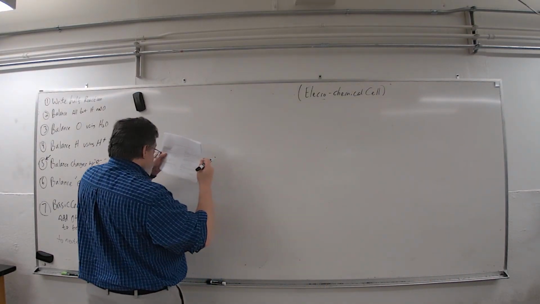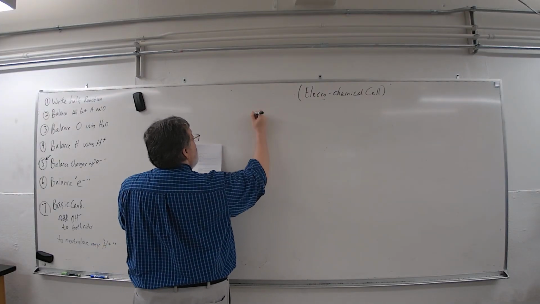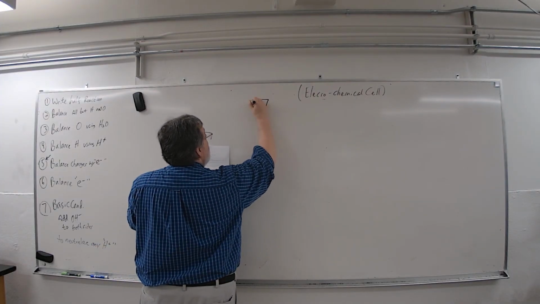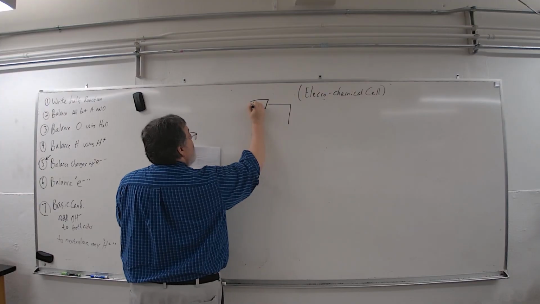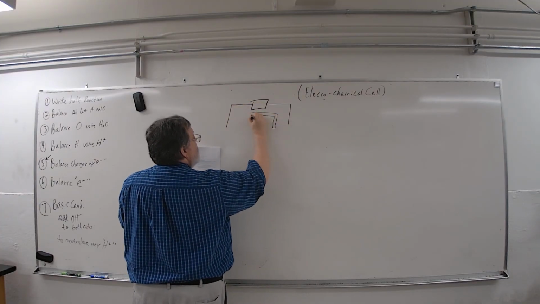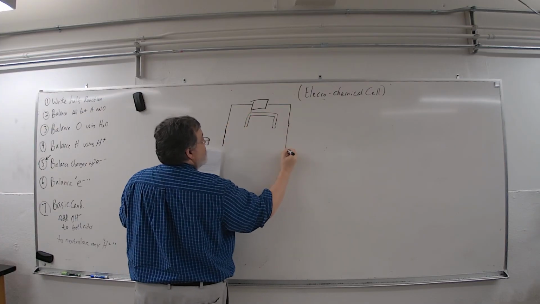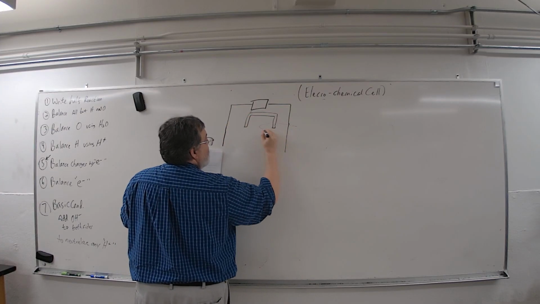So let's say you had... I'm just going to sketch it this time. Salt bridge. Got your metal electrodes. Beaker.